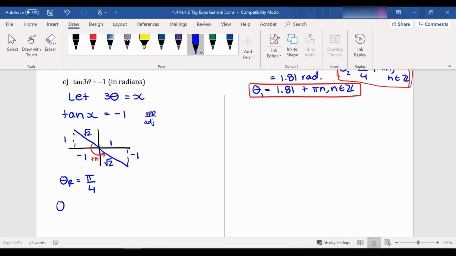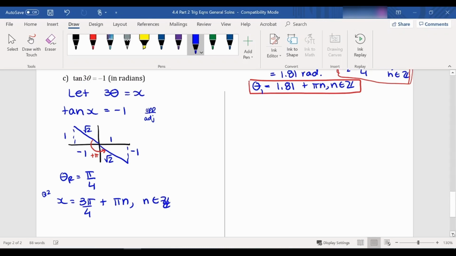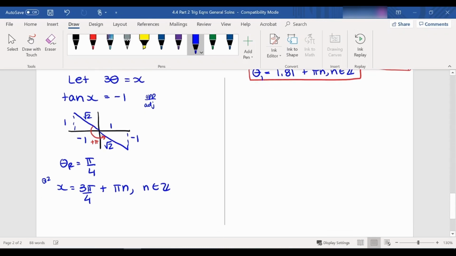So our actual angle itself, if I did Q2, our angle is equal to pi minus pi over 4, which is 3 pi over 4 plus pi n. Sorry, I should be using x here, okay, where n is an integer. Now, we originally had a 3 theta in the question, so we're going to replace this with 3 theta.